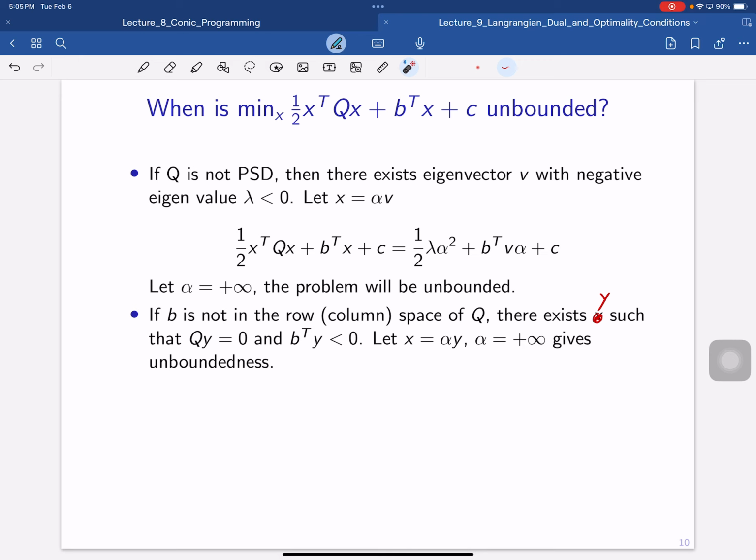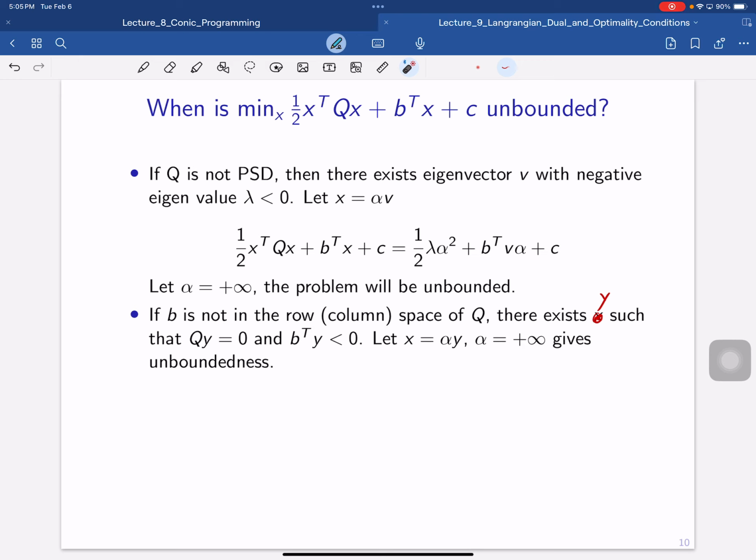If it's greater than 0, just take minus Y, then it will be less than 0. So now let's set the vector X equal to alpha Y. Then if you let alpha go to infinity, it also gives you unboundedness.